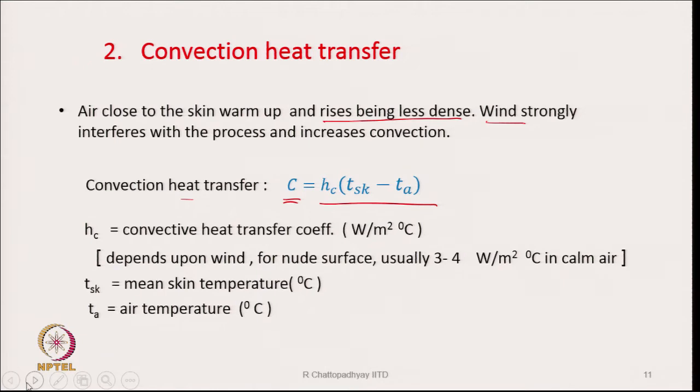What is h_c? It is the convective heat transfer coefficient. It depends upon wind. For a nude surface, it is usually 3 to 4 watt per meter square degree centigrade in calm air. So, you must know this value is basically this much, and T_sk and T_a are the skin temperature and the air temperature.